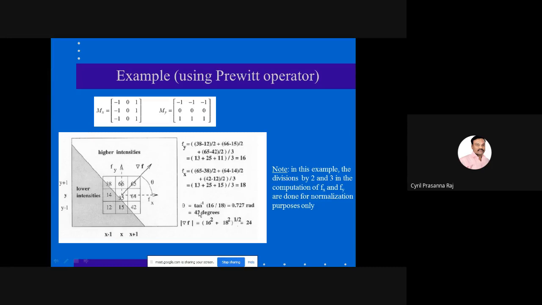That implies that if I draw a vector, this is the center point, and I take 42 degrees from the x-axis and draw a vector along this 42 degrees, then perpendicular to that vector is where the edge is actually present.